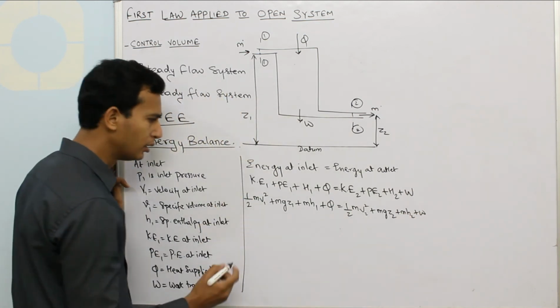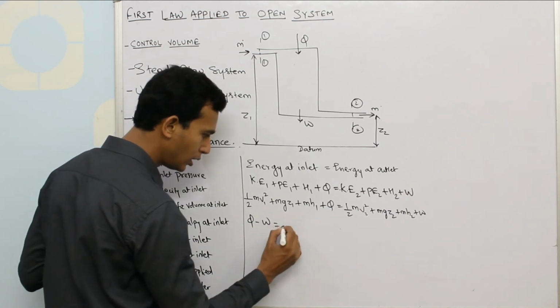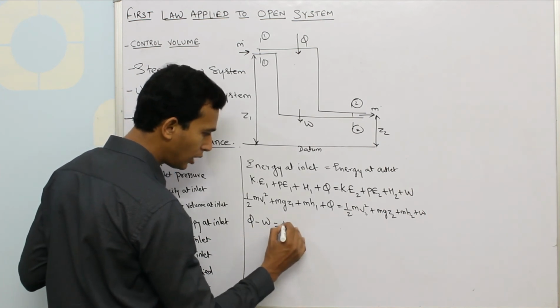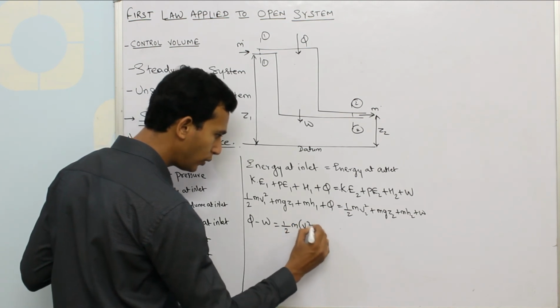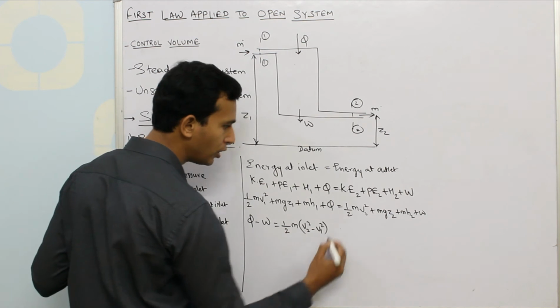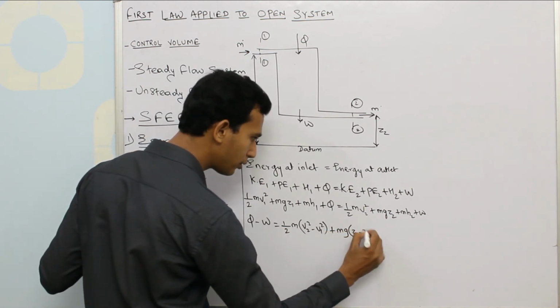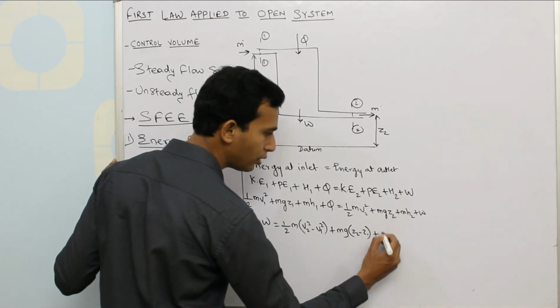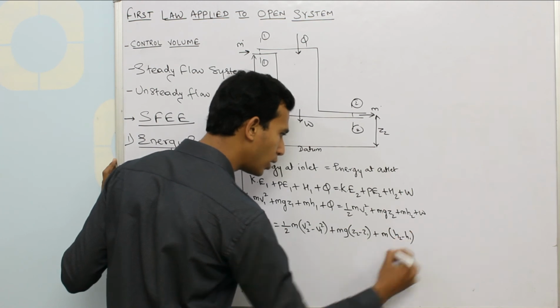Now separating the terms, taking q minus w on one side, here I have half m common, v2 square minus v1 square, plus m and g common, z2 minus z1, plus here m is common, h2 minus h1.